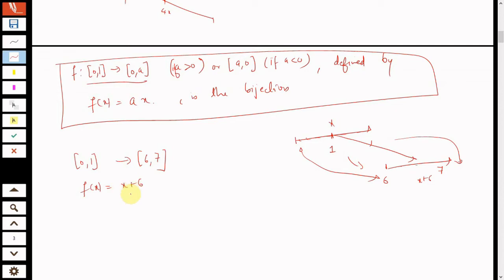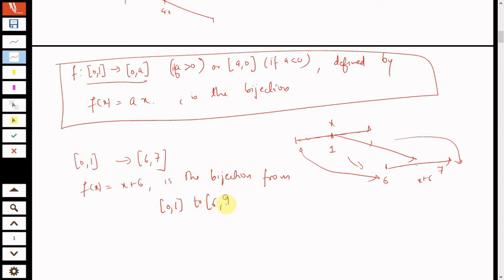Therefore if I define f of x equal to x plus 6, then it is a bijection from 0 comma 1 to 6 comma 7.